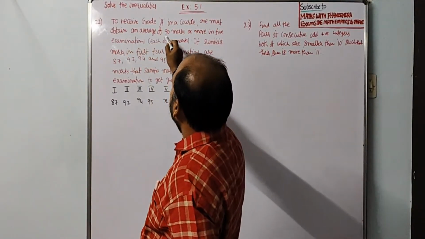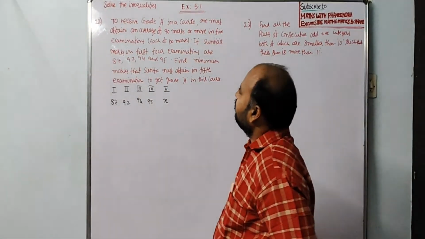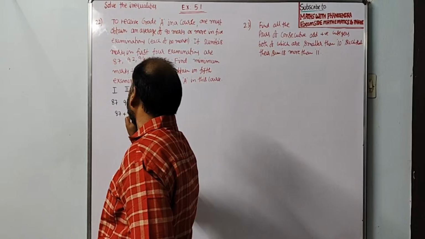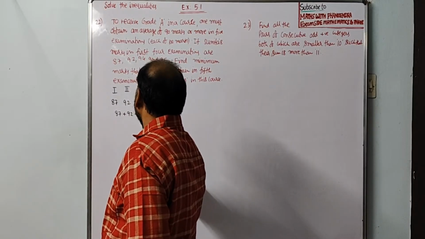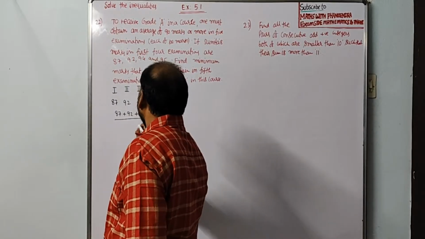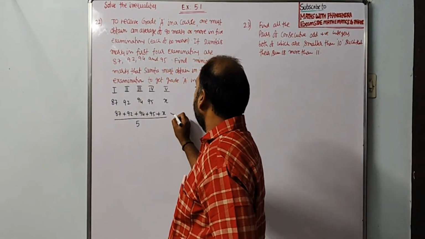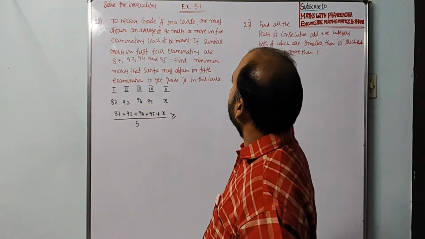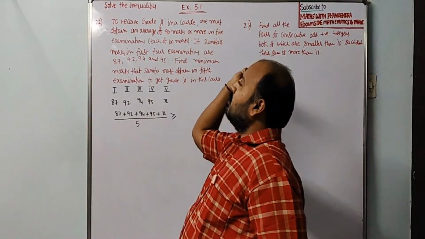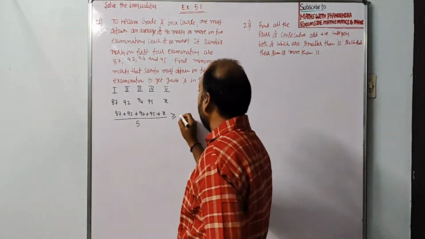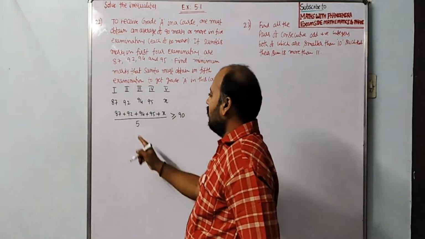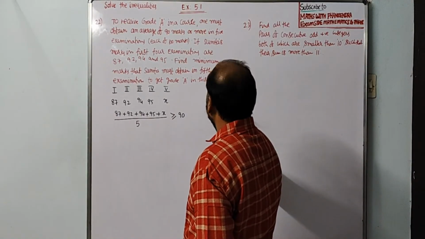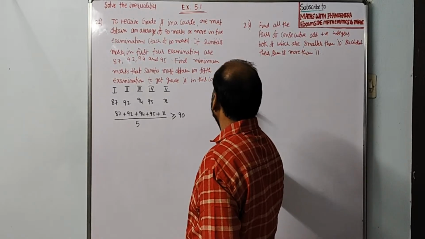One must obtain an average of 90 marks. So the average of these 5 tests, the first test plus second plus third plus fourth plus fifth test, divided by 5, is greater than or equal to 90. So we are going to add these values: 92, 94, 95 and 87.